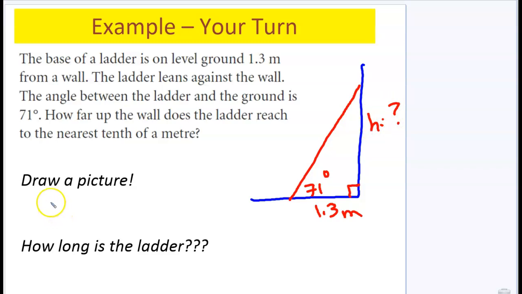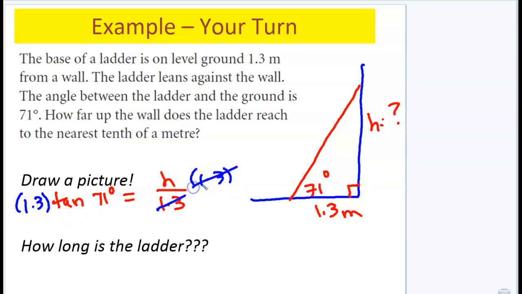So again, we're going to start with the tan of 71 degrees is equal to the opposite side, which is h over 1.3. Again, I'm going to multiply both sides by 1.3. And on the right-hand side of the equation, the 1.3's cancel. So now I get on my calculator, 1.3 times the tan of 71.